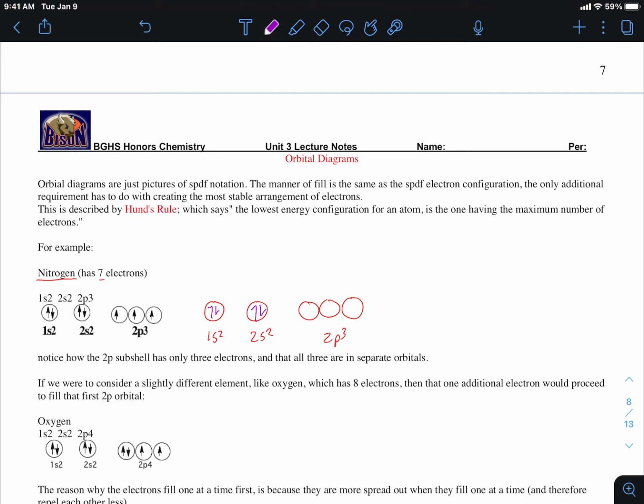All right, and this is known as Hund's Rule, which essentially translates to do not pair electrons unless you have to. So since I've got 3 electrons, I would write them as the first one goes in there, the second one goes in there, and the third one goes in there. And that's the correct way to show the electrons in this orbital.